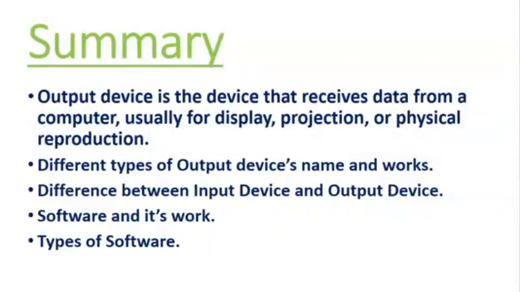After that, we have come to know about the difference between input device and output device. That means the device which sends data to the computer, that is an input device, and the device that receives data from a computer, that is an output device. And in this way we can understand what the differences between these devices are.